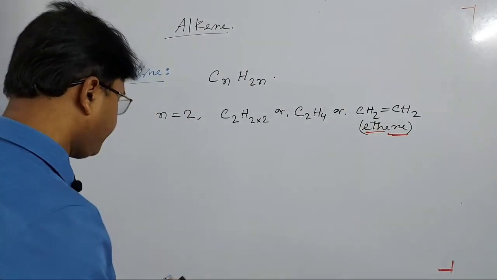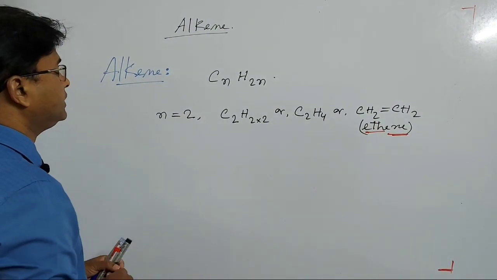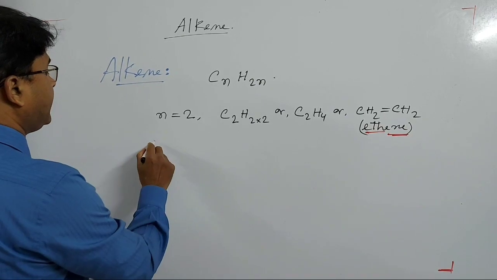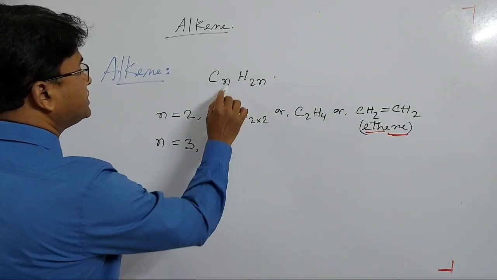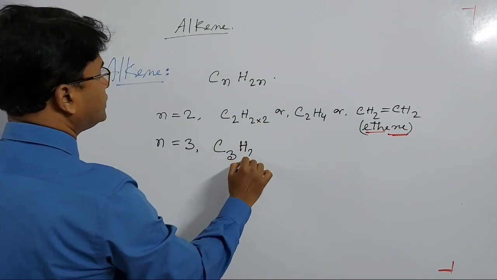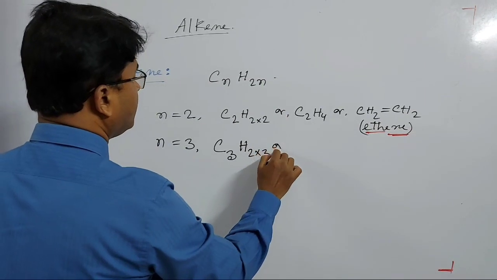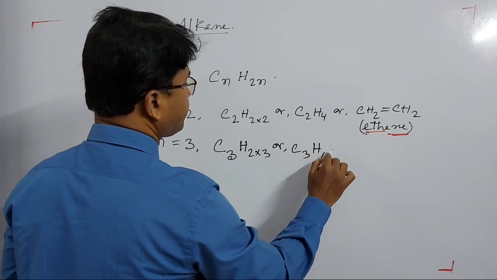And again, if I put the value of n equal to 3, then it will be C3H2 into 3, or C3H6.